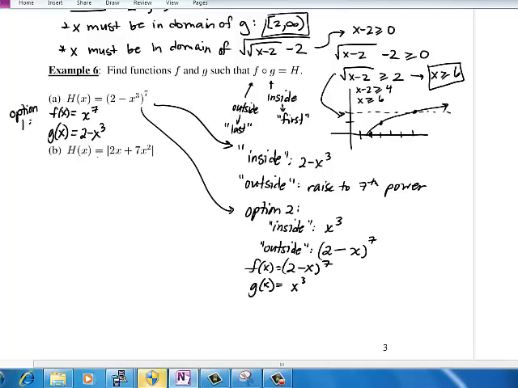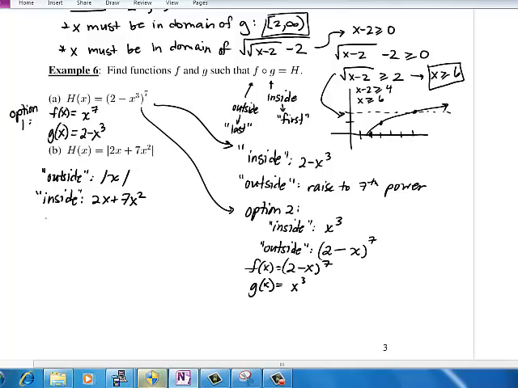In the next one, it's not as easy to break down 2 different ways because x shows up in both terms on the inside. So in the next one, the most obvious option and the only easy option would be for the outside to be the absolute value function, and then the inside to be 2x plus 7x squared.